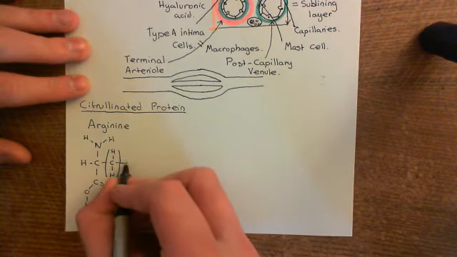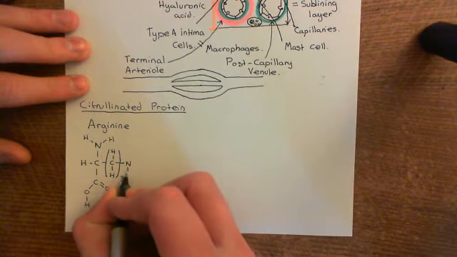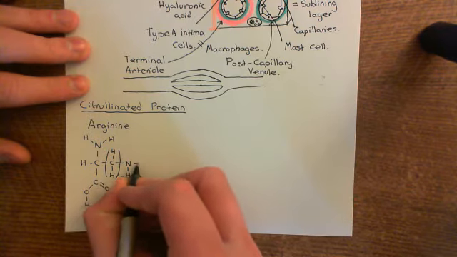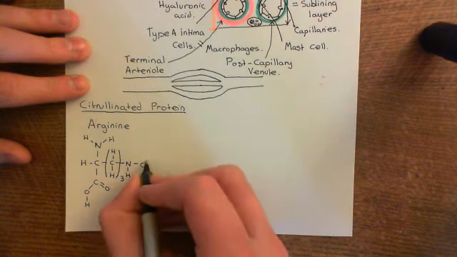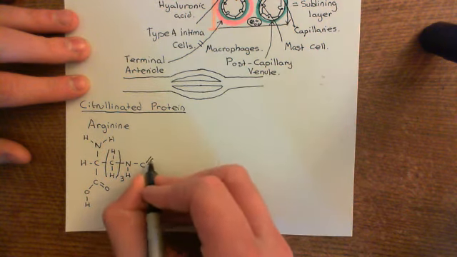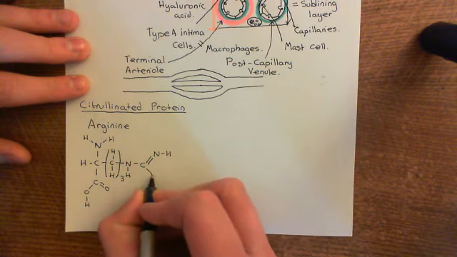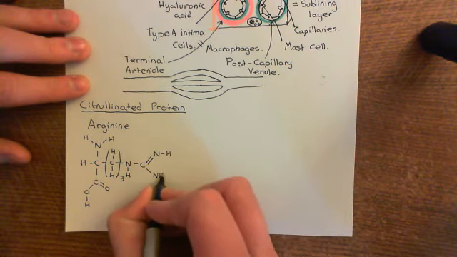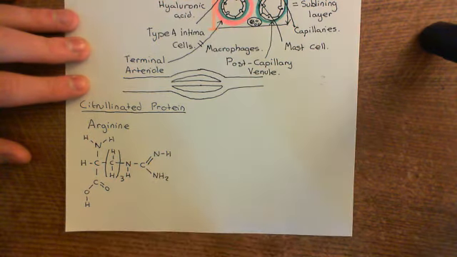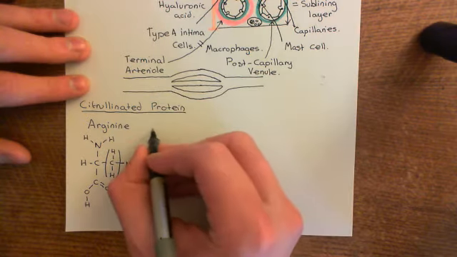And then you have a nitrogen coming off here with a hydrogen coming off it. And then a carbon here, and this is double bonded to a nitrogen, which then has a hydrogen coming off, and it also has an amino group coming off like so. So this is the structure of arginine, and this can be incorporated into proteins.